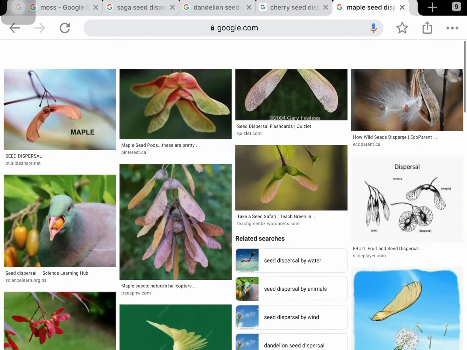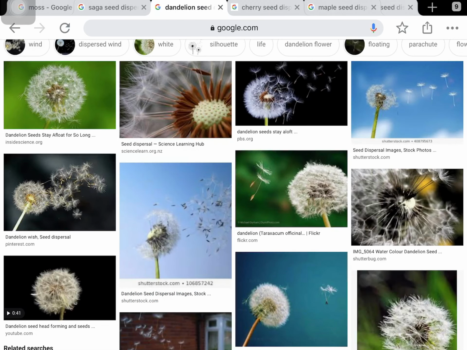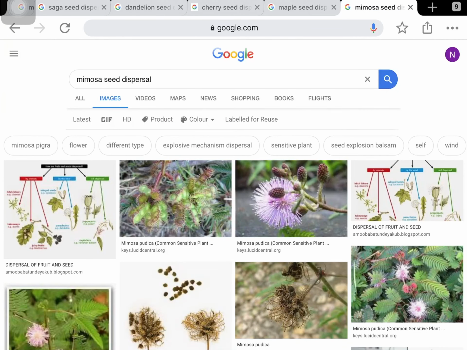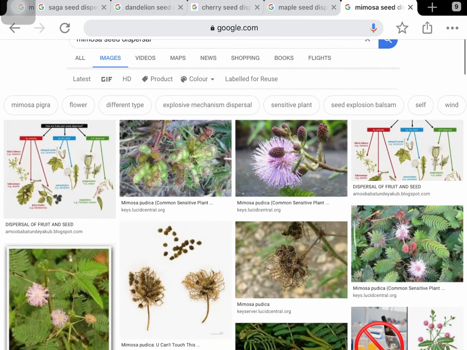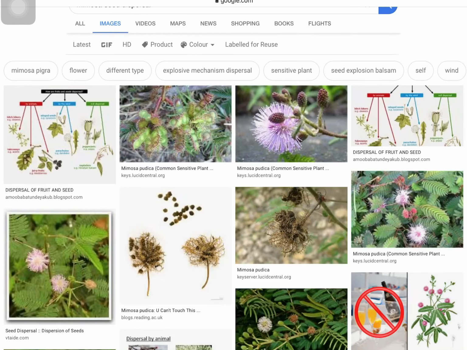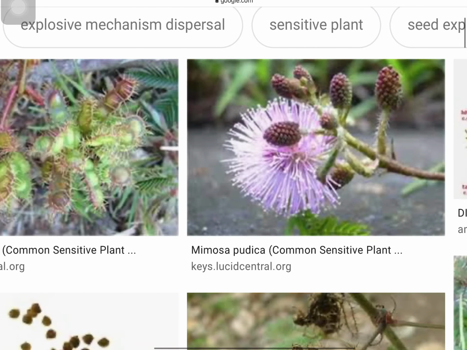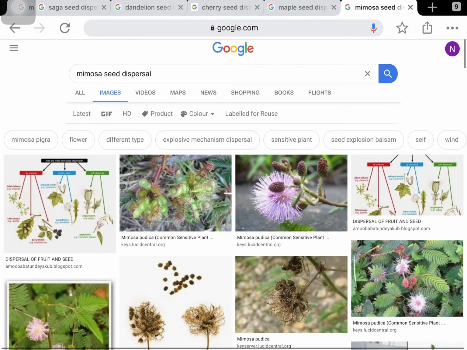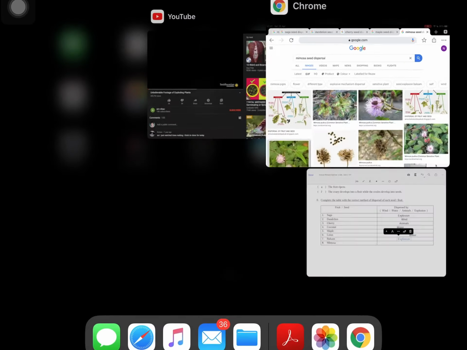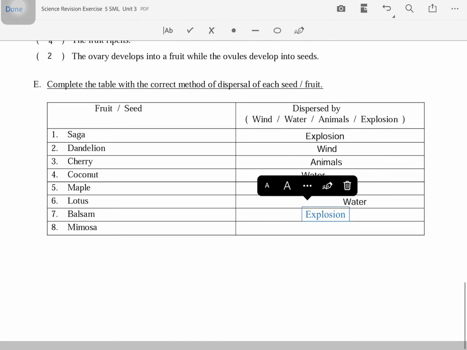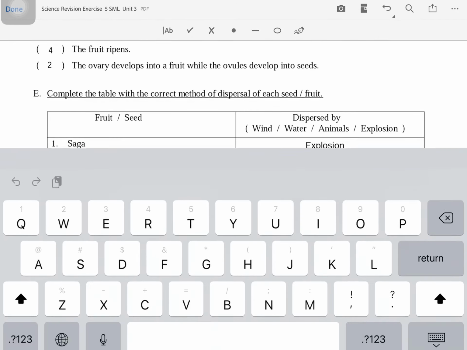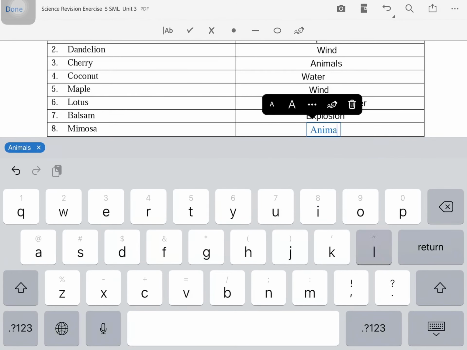Do we have it here? Mimosa plant has hooks. It has thorn hooks so that it can hook onto the animals. So the last question is animals.